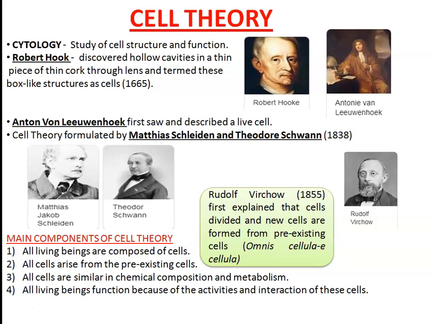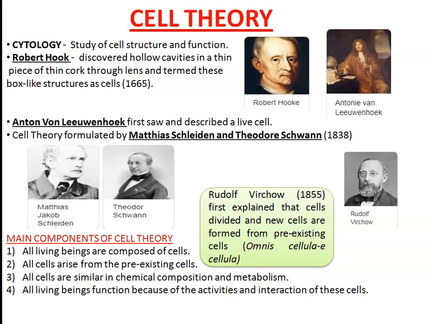And these cells are very similar to each other in chemical composition, and because of the components of these cells, they result in the metabolic activity of that particular organism. They explained that the difference between the plant cell and the animal cell is that the plant cell has a cell wall while the animal cells do not have a cell wall. However, similar components and similar functions can be seen.